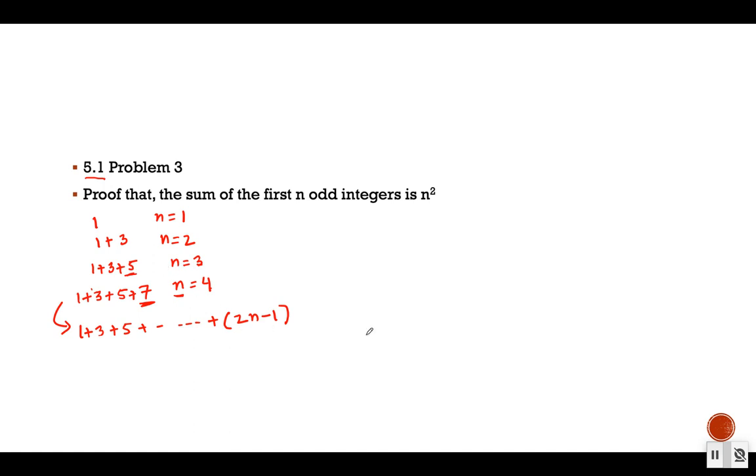Okay, so it is very clear first to show what we are trying to prove, what our propositional function is. Here our propositional function is: let Pn be 1 plus 3 plus, and so on, until twice n minus 1, equals n square.